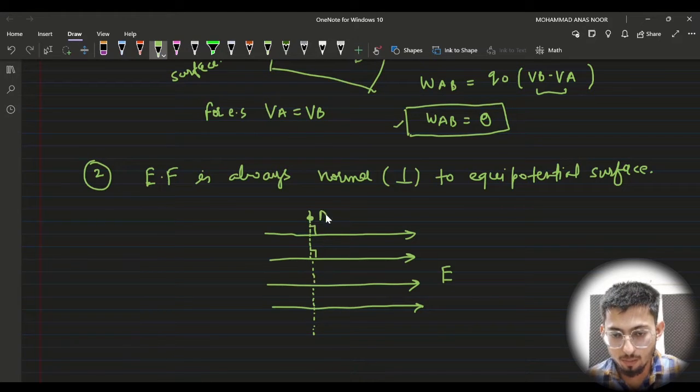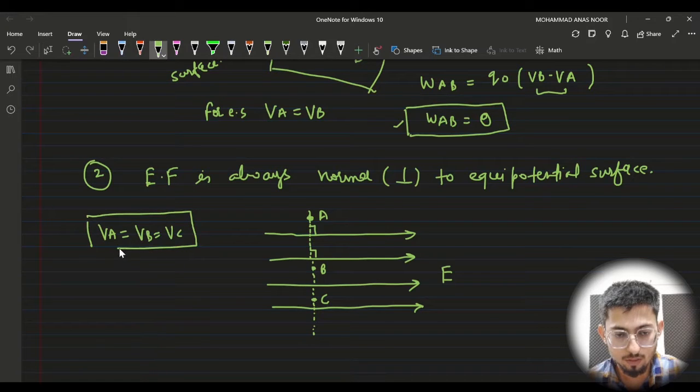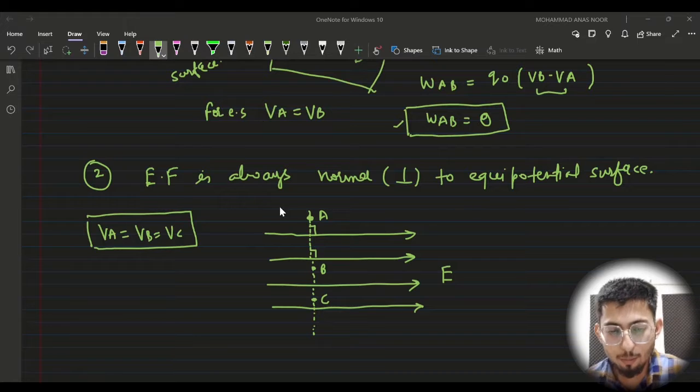If you take a point A, point B, and a point C, so at any point here, VA is equal to VB is equal to VC. Because if that's not the case, then there would be a component of electric field along the surface.